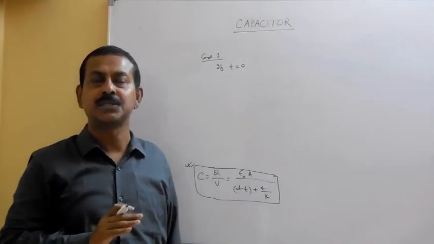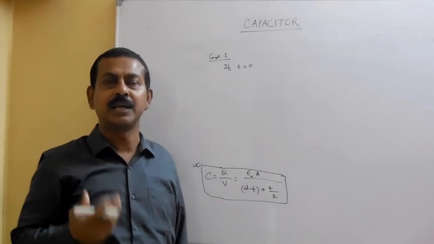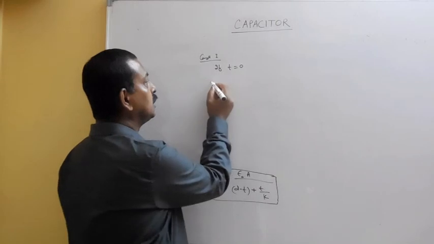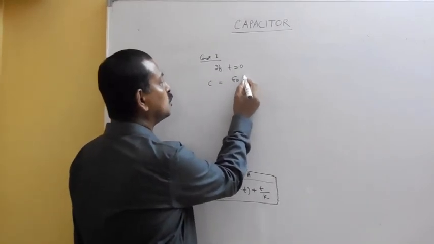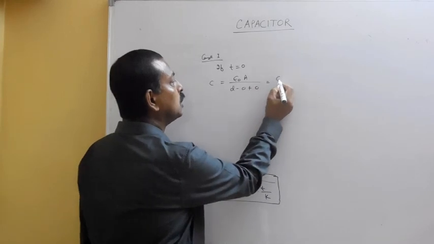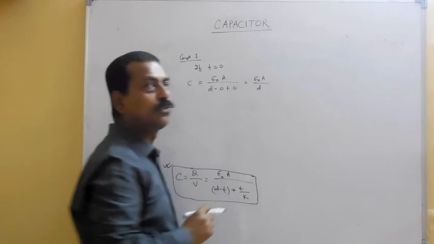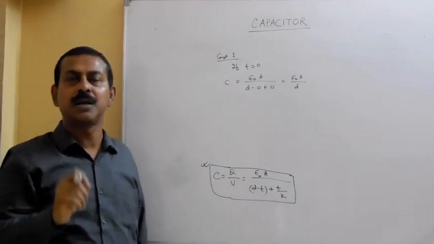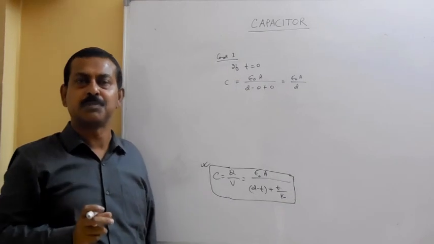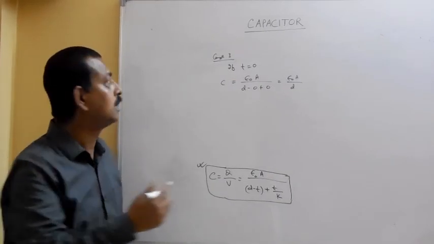That means there is no dielectric slab between the plates of the capacitor, so it is as good as an air-filled capacitor. If I put it in this expression, C equals epsilon naught A by D minus 0 plus 0, which is epsilon naught A by D, the expression for capacitance of a parallel plate capacitor with air between the plates. So this is the same expression which we derived earlier.